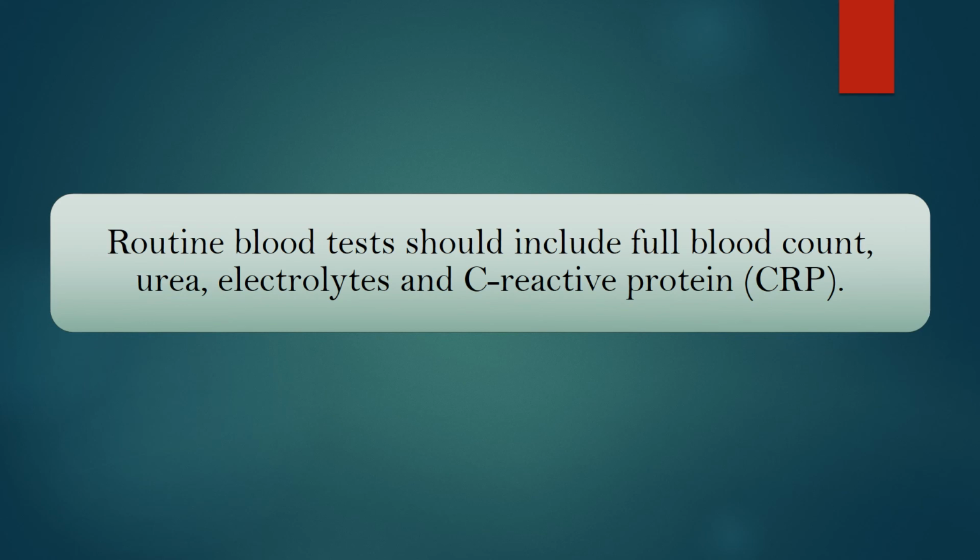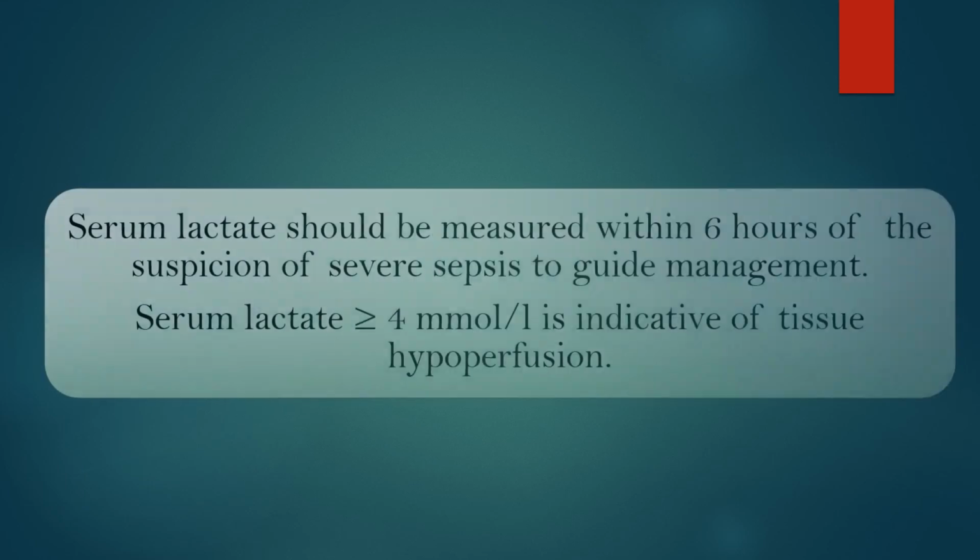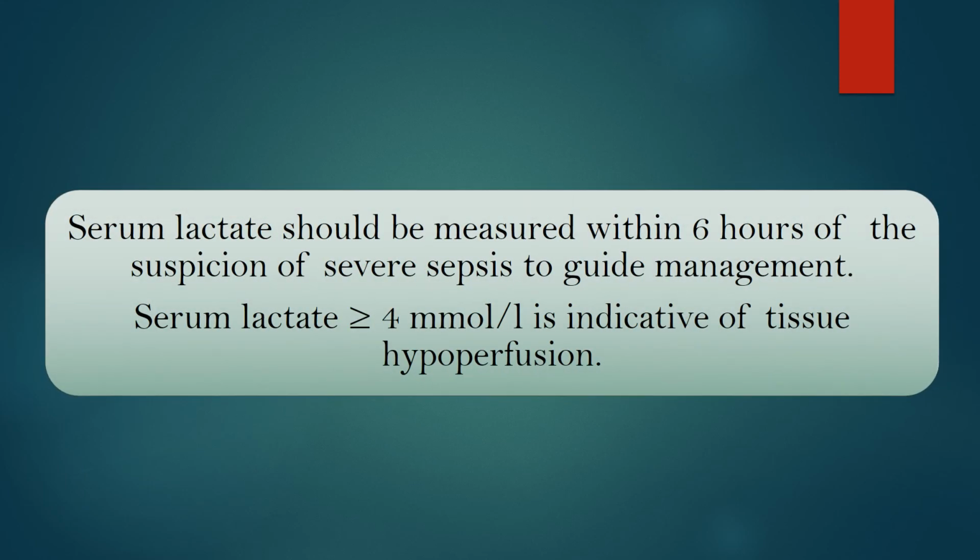Routine blood tests should include full blood count, urea, electrolytes, and C-reactive protein or CRP. Serum lactate should be measured within 6 hours of the suspicion of severe sepsis to guide management. Serum lactate greater than or equal to 4 millimoles per liter is indicative of tissue hypoperfusion.